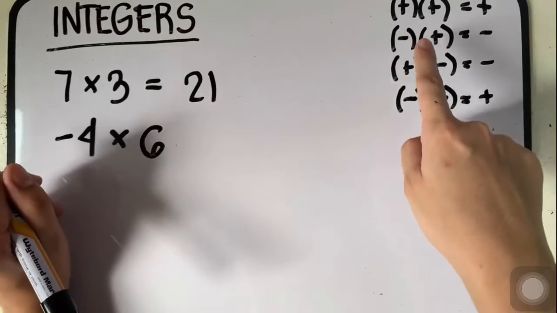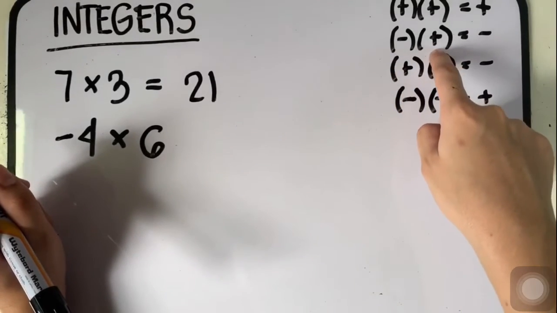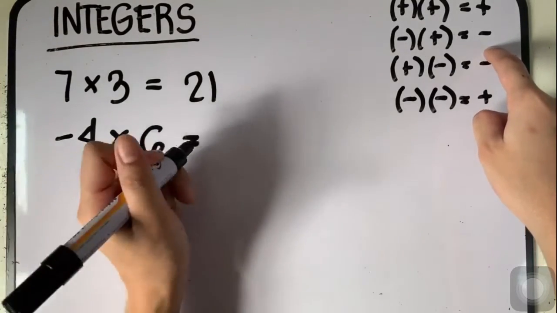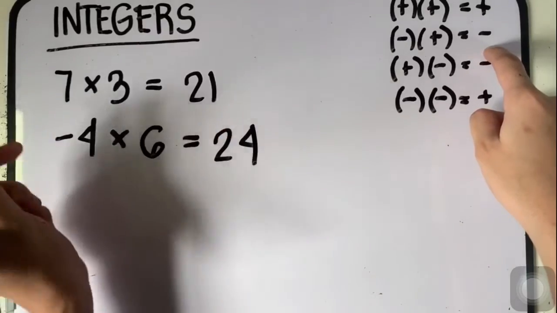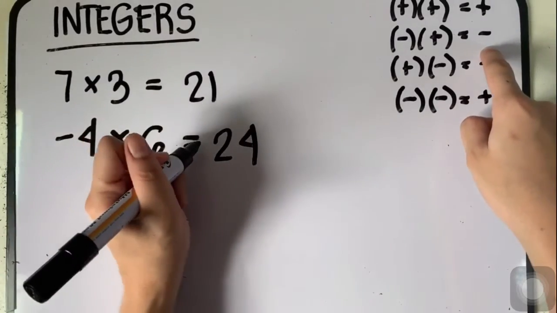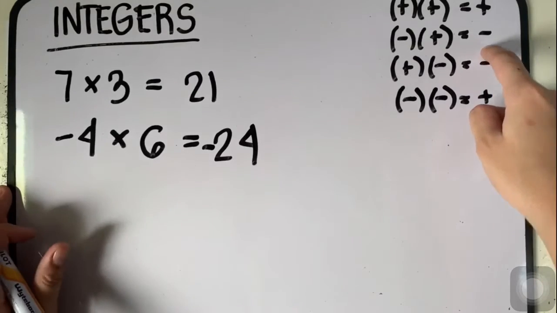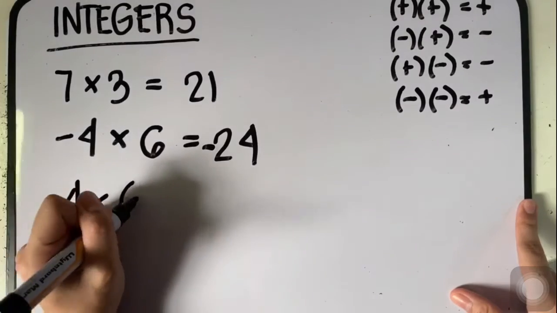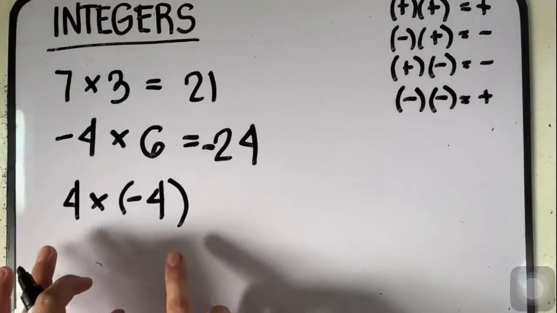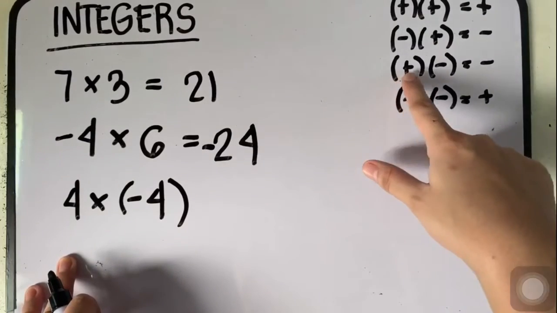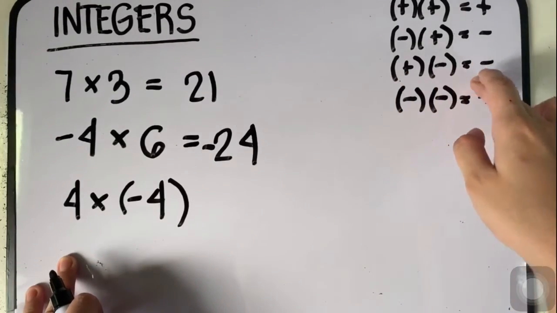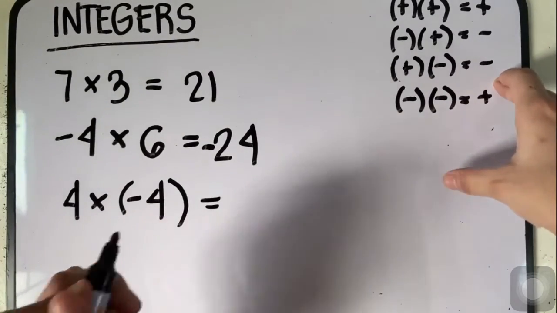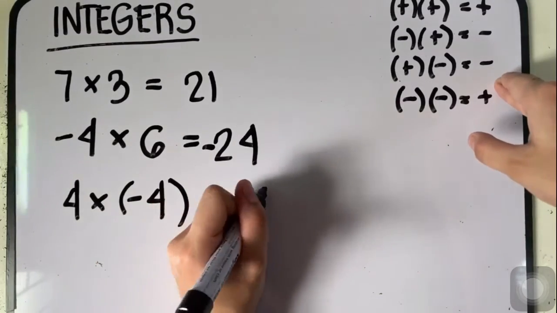A negative times a positive number will result in a negative value. 6 times 4 is 24, and they have different signs, so our final answer will be negative 24. Next example is 4 times negative 4. A positive times a negative number will result in a negative value, and 4 times 4 is 16, so our final answer will be negative 16.